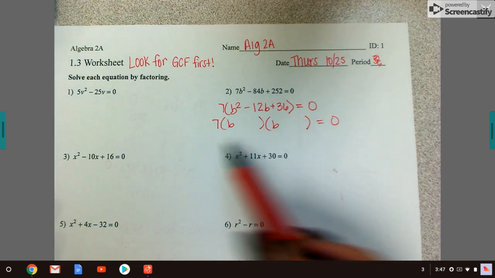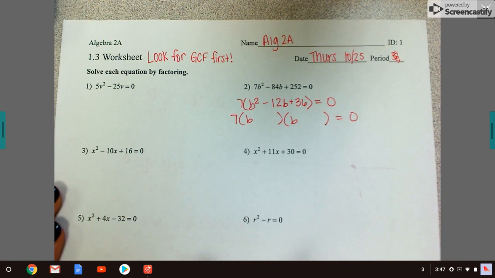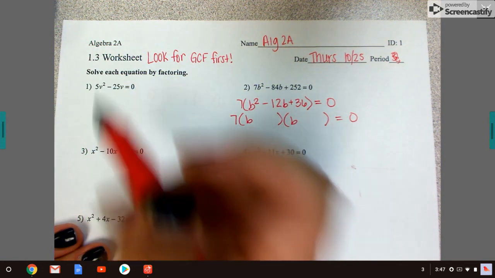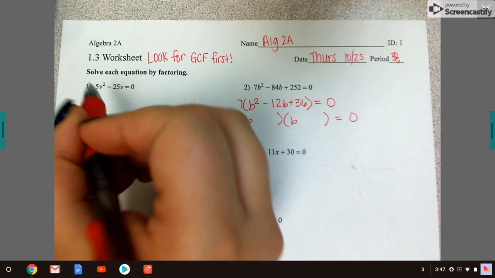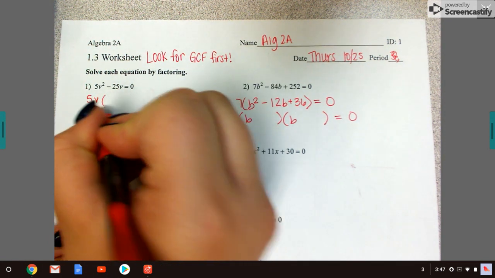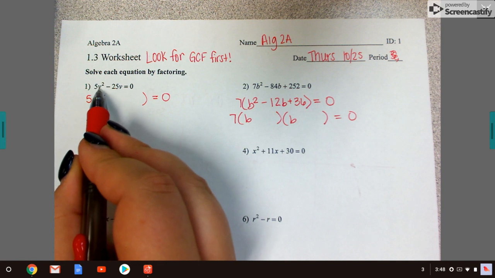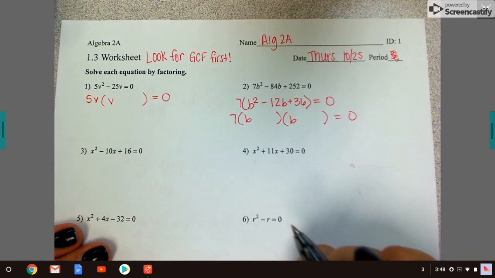All right, so that's one type that you'll see. Another type that looks a little bit different is one like number 1 and number 6, which are very similar. On these ones, let's see what we can factor out. There's a 5 in common with both of these, and there's also at least one v in both. So if I factor out a 5v, 5v squared divided by 5v leaves me with 1v.